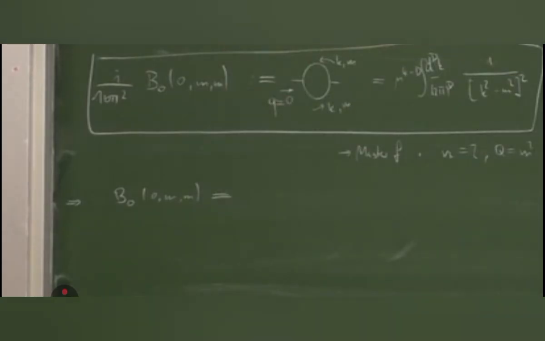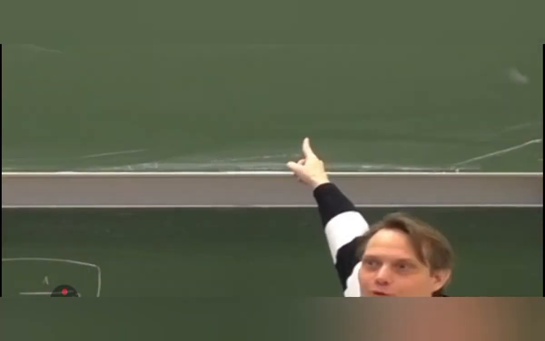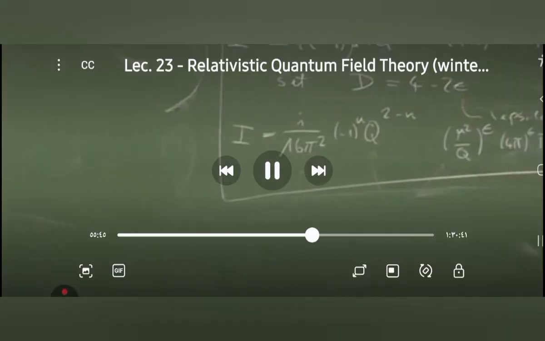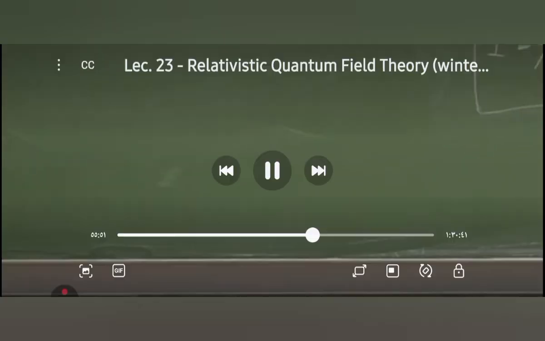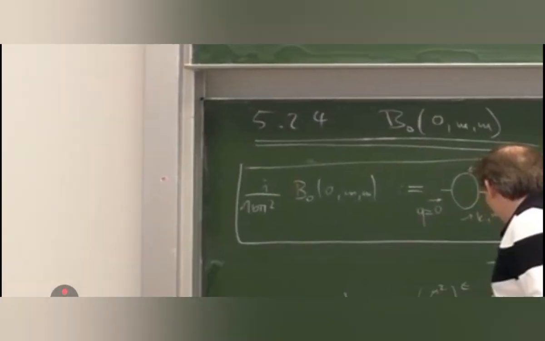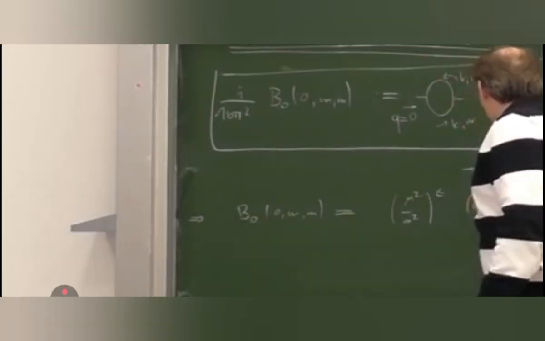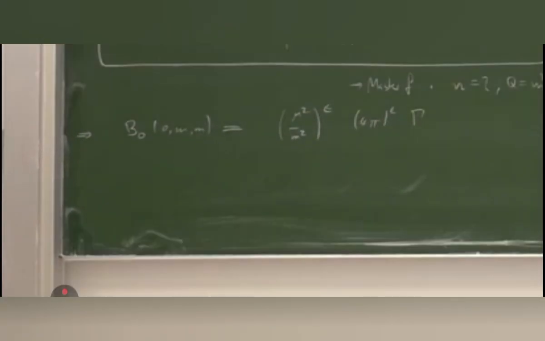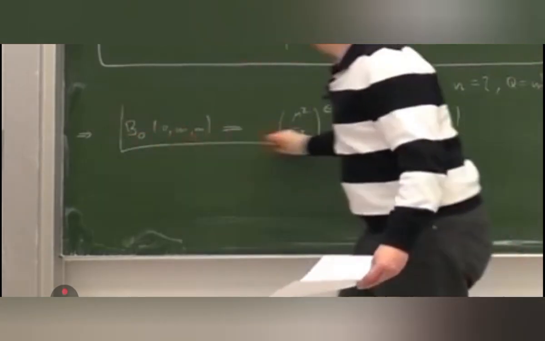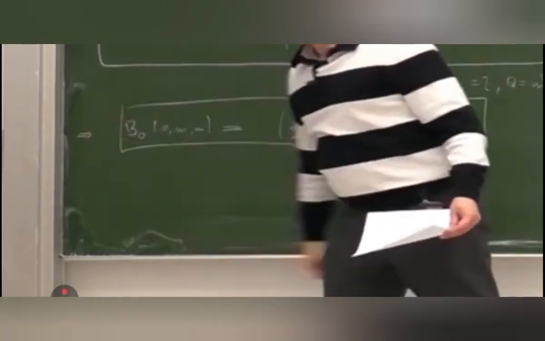Q to the power 2 minus n, n is 2, that is also absent. It's just 1. Therefore, we only get the epsilon part. We get mu square divided by m square to the power epsilon times 4 pi to the power epsilon times the following gamma function. n is 2, gamma of epsilon. That's all. Very simple result.